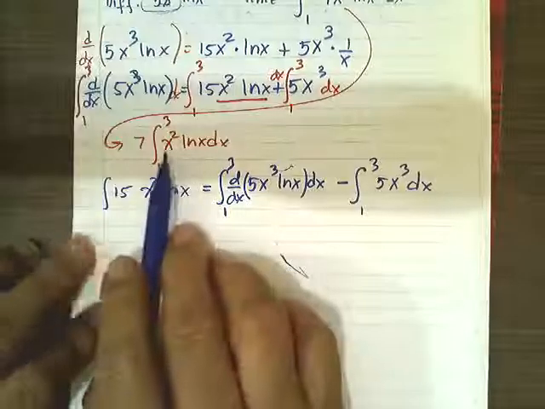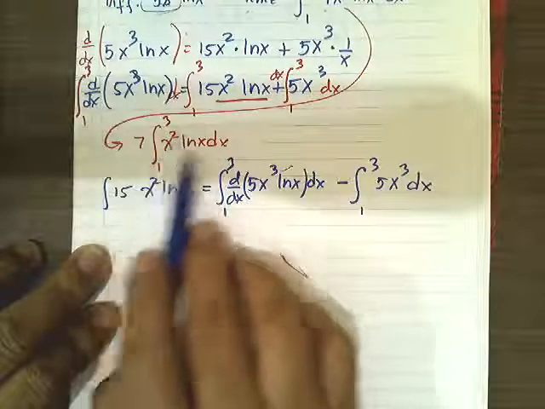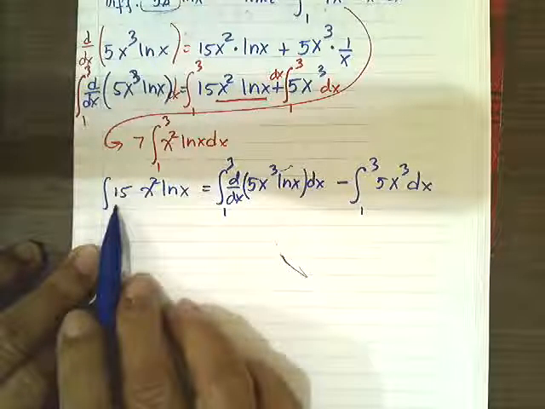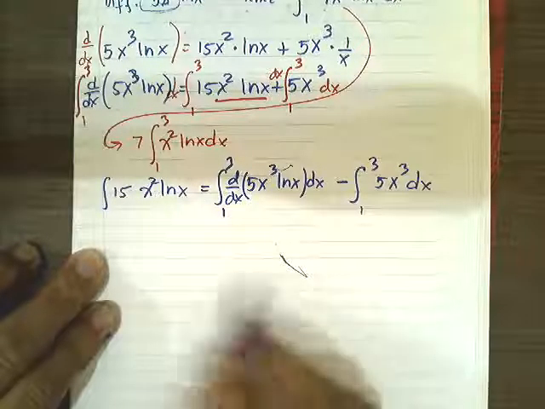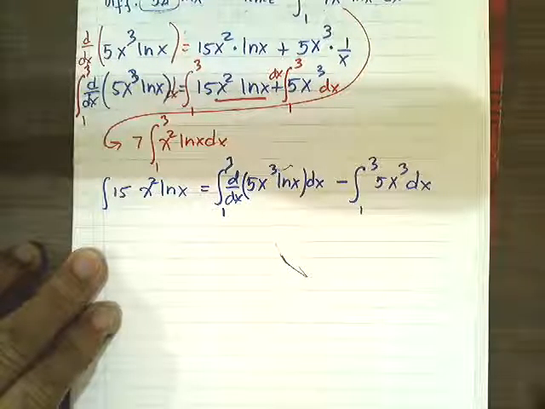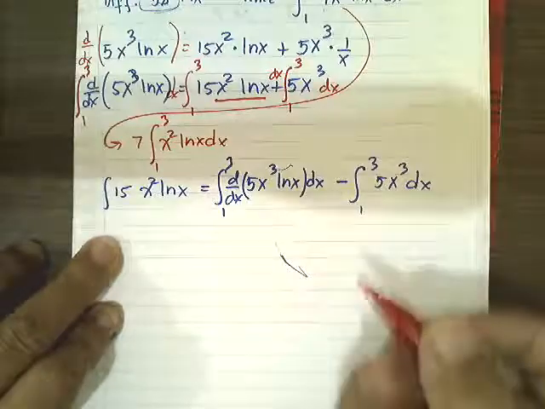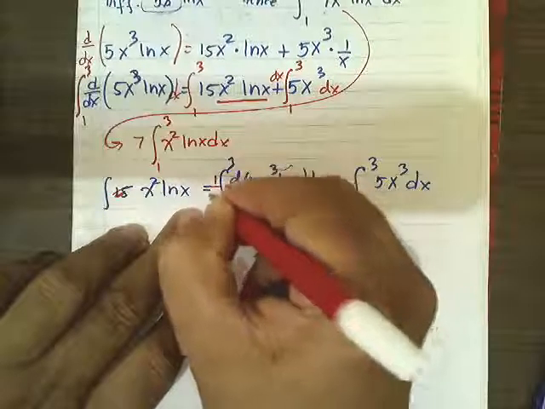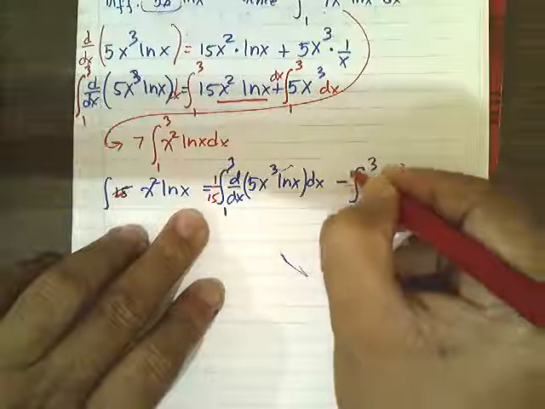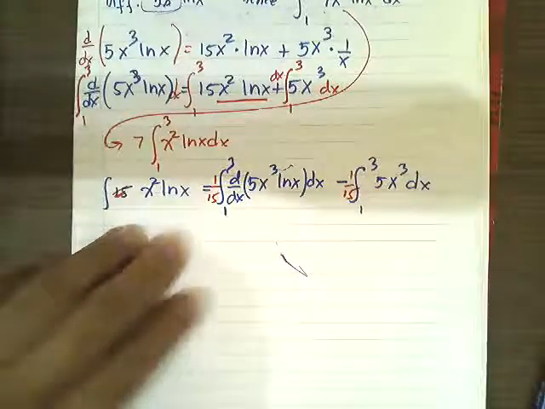Now we want only the expression with x squared ln x dx, so we divide all of that by 15, that is, multiply by 1 over 15.